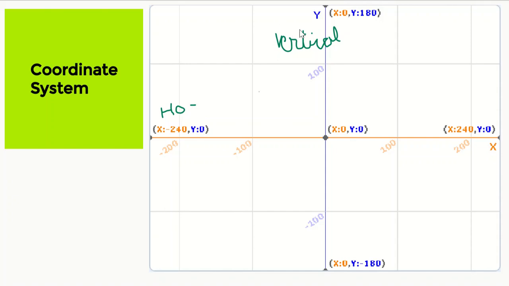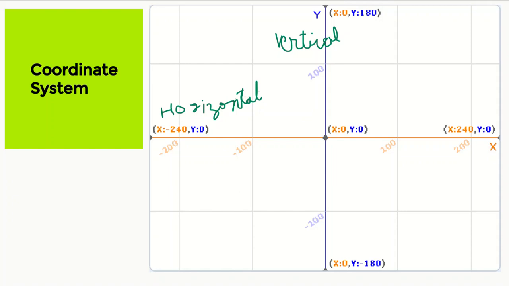Now, x and y. We have given the name x to the sleeping line or the horizontal line, and we have given the name y to the standing line or the vertical line, as you can see in the picture on the screen.